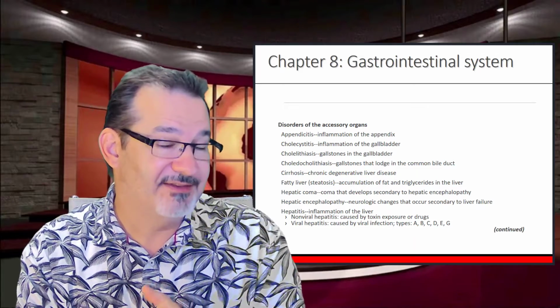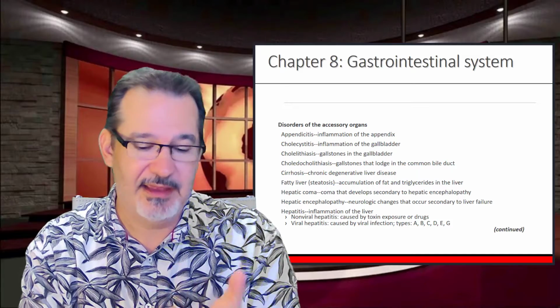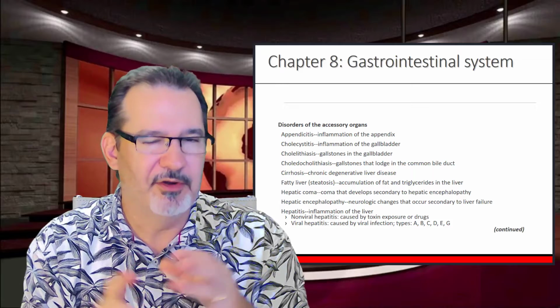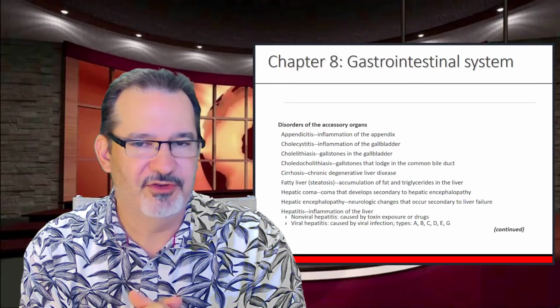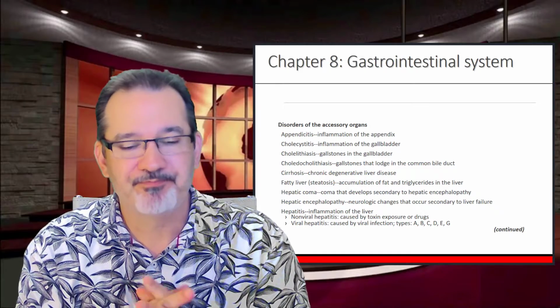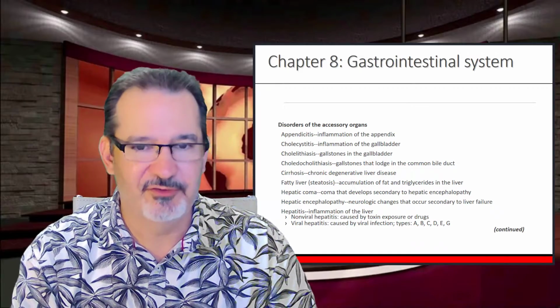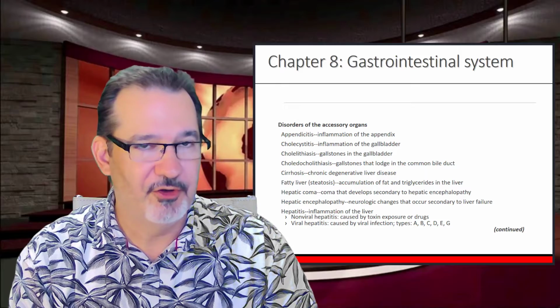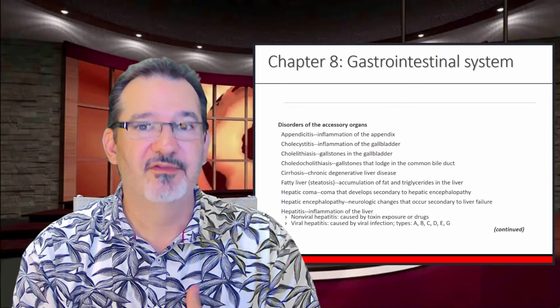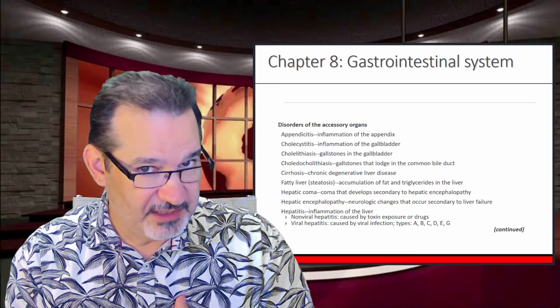We do have vaccines for hepatitis A and hepatitis B. Probably our next common hepatitis that we see is hepatitis C. We do not have a vaccine for hepatitis C. So A and B we do have vaccines for. If you are going into healthcare, you definitely will receive or should receive the hepatitis B vaccine.